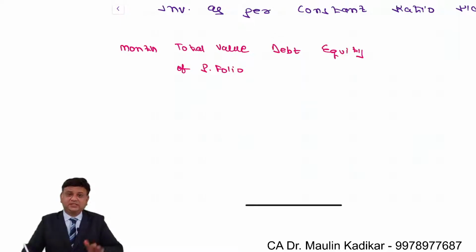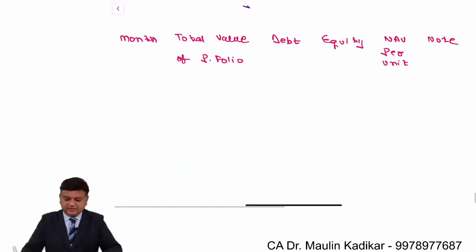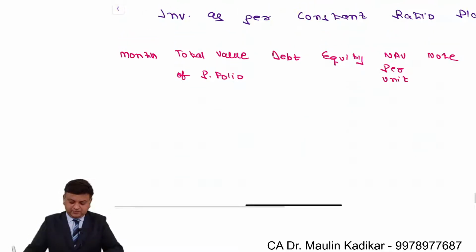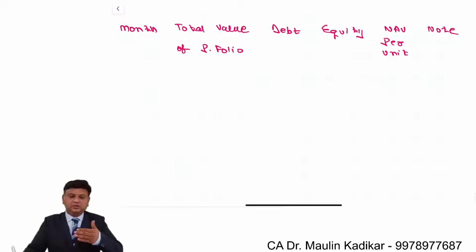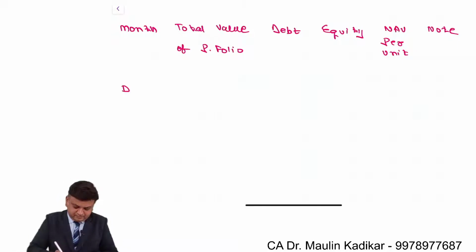As far as the equity is concerned, that would be further divided as NAV per unit and units. Then one more column, that is a note column, because whatever we are going to do, we are going to explain by way of note. We have to start from the month of December and so on.